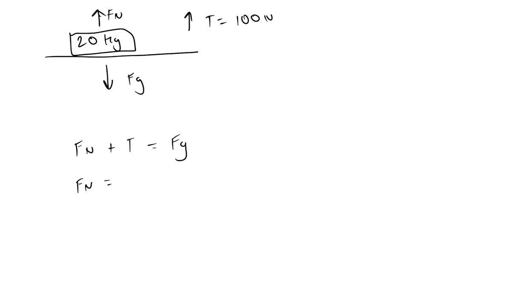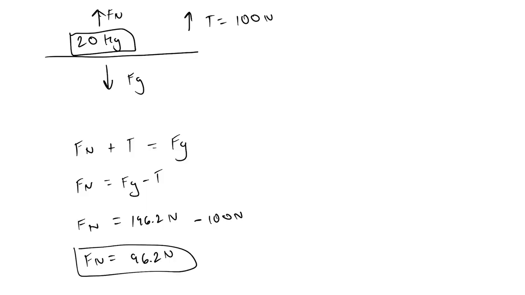So Fn is equal to Fg minus T. Fn, the normal force, is equal to, as we did in the previous example, 196.2 newtons, which is 20 times 9.81, minus 100 newtons, which is the tension force, and then the normal force is equal to 96.2 newtons. So as we can see, not too difficult a concept.